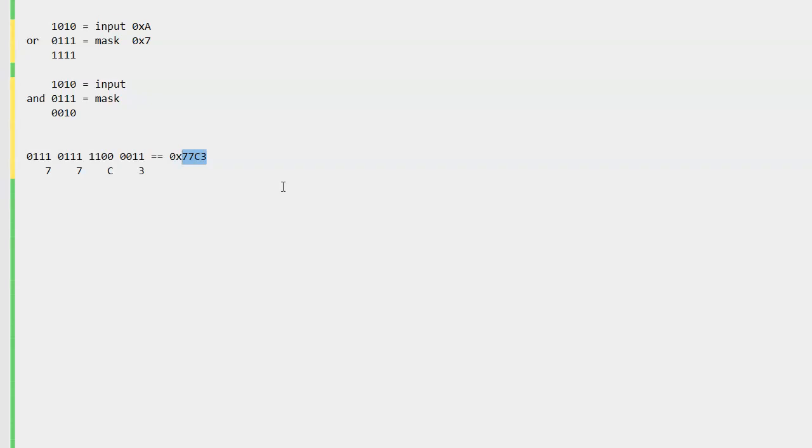Most of the time when you're looking at a binary number, you probably want to interpret it as a memory address, which could be anything. Whether you're using binary notation or hexadecimal notation doesn't make much difference, but hexadecimal makes it much more recognizable and a little more human friendly.